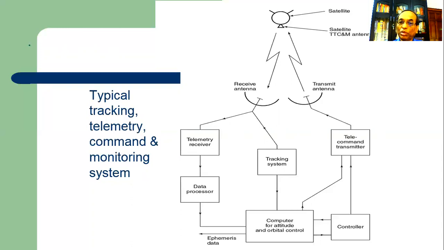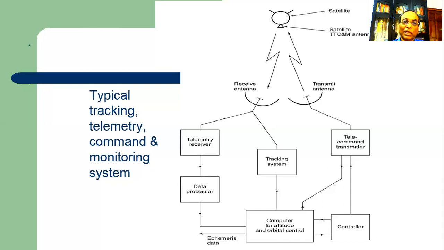So these two inputs to the telecommand transmitter will be adjusted, and it transmits through the transmitting antenna to reach the satellite. From the satellite, the desired signal will be downloaded, and that will come through the receiving antenna, and the whole process will be repeated.